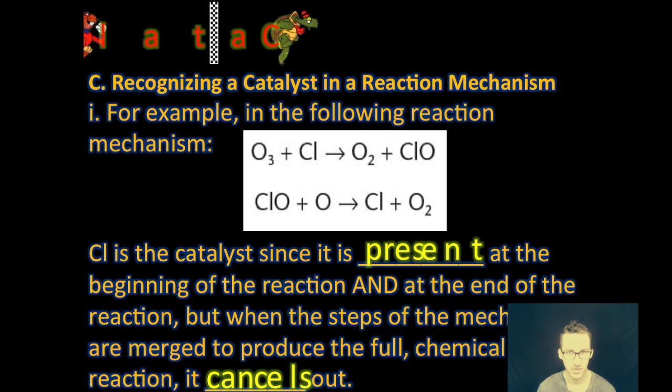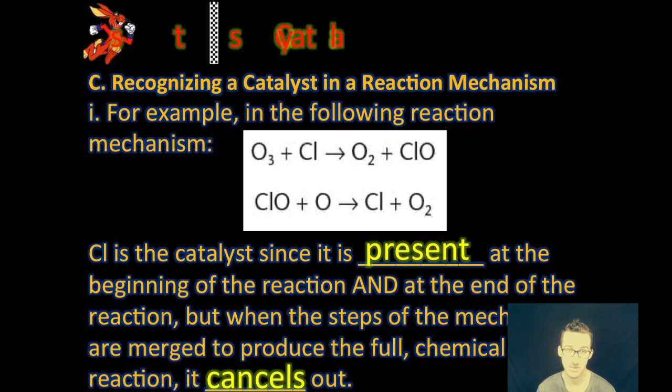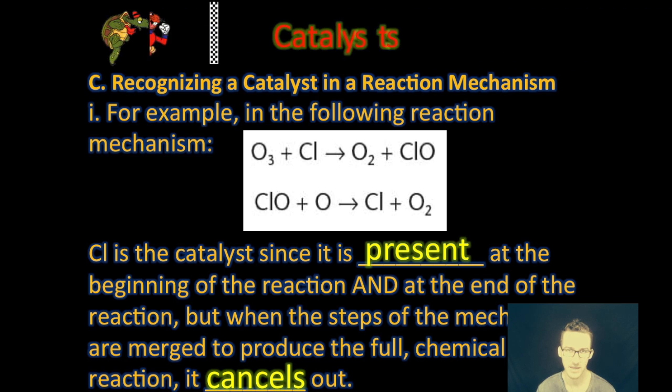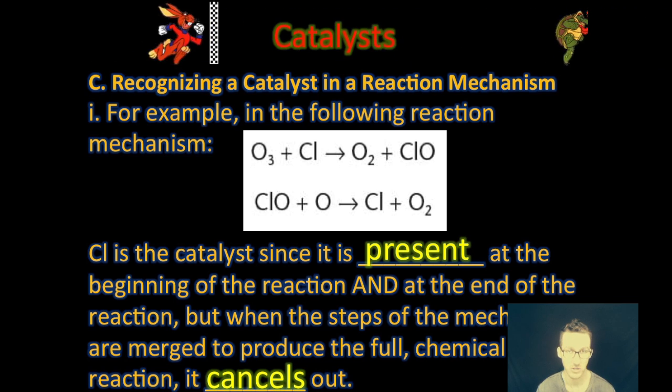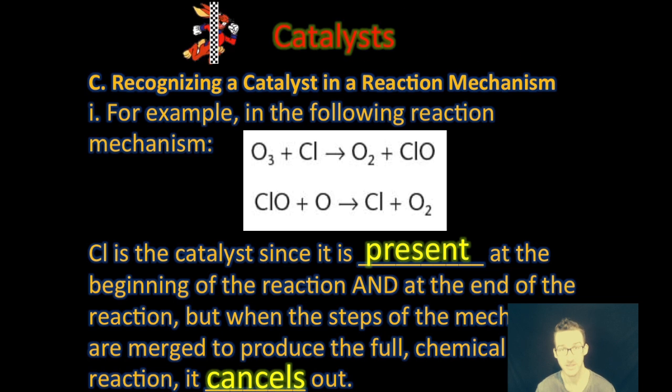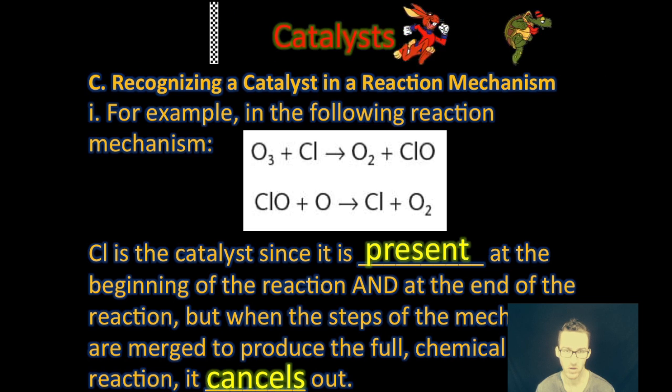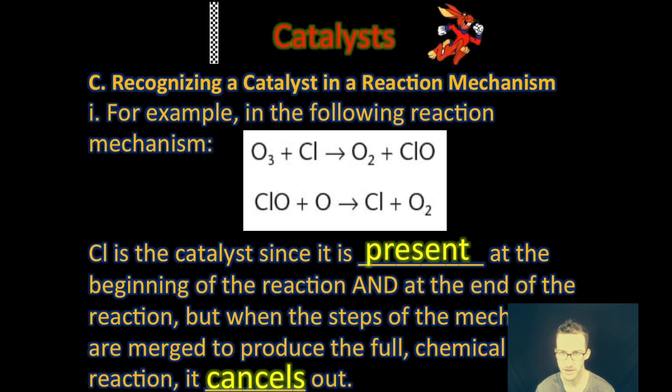As you take a look at the sample reaction mechanism that is in your notes, the catalyst is chlorine there. Note that it's present as one of the reactants in the first elementary step, and as a product in the final elementary step. Recognize that it will cancel out when you're trying to describe the overall reaction that's being represented.